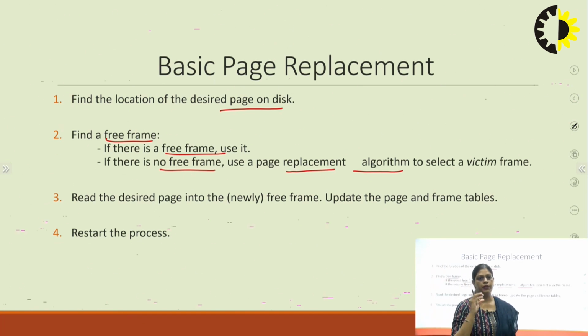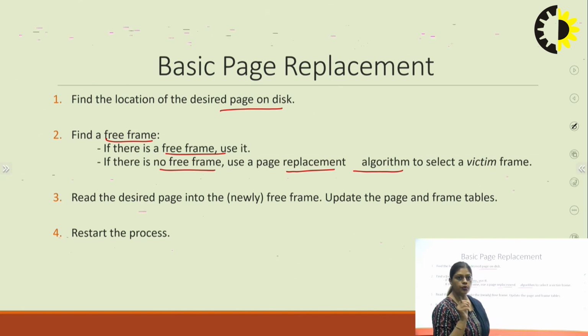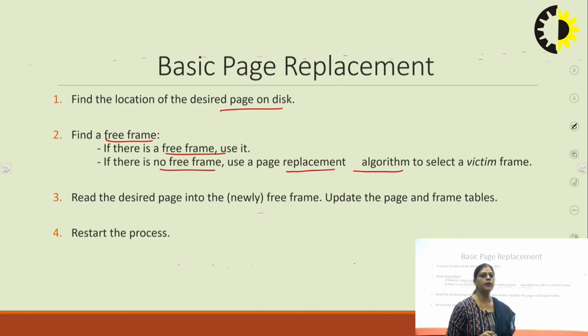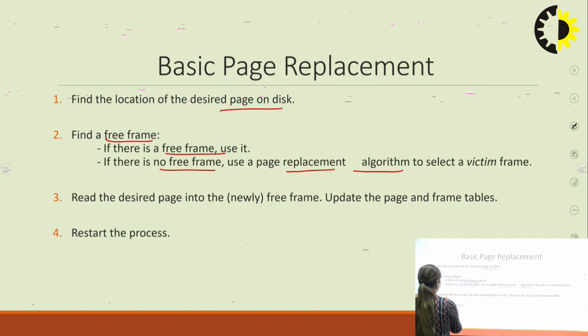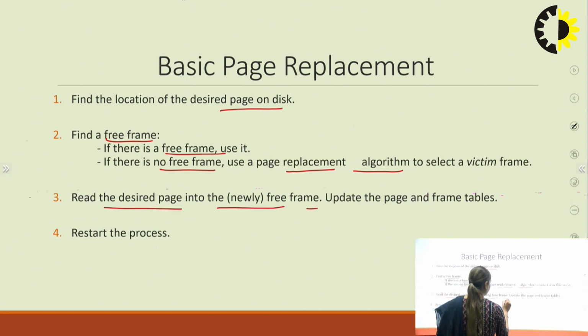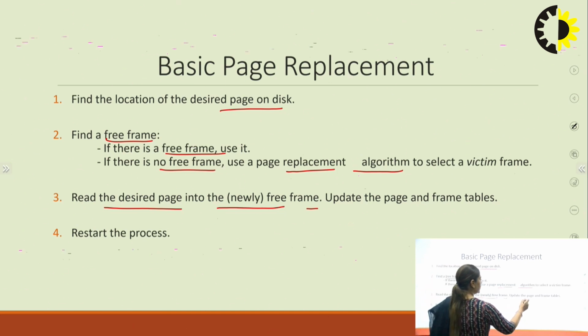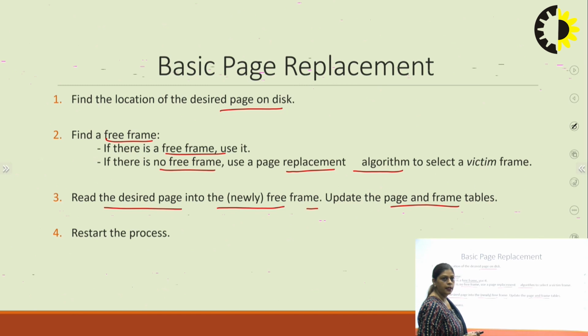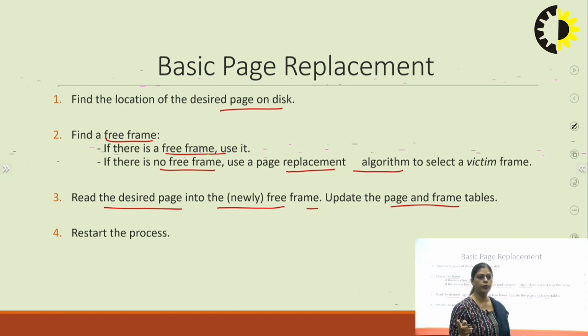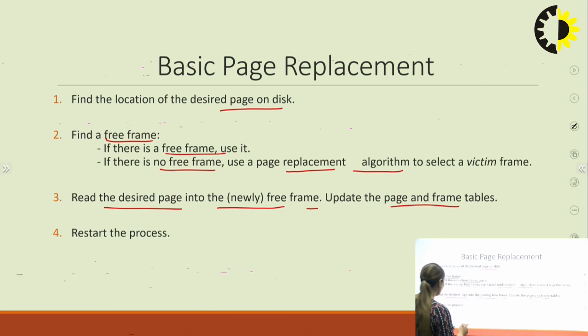Out of those pages, we have to select which page has to be sent back. To choose that victim, we will use different algorithms. Read the desired page into the newly freed frame, and update the page and frame tables. For the page that has been swapped out, you set the bit to I, and for the page brought into the physical memory, you set the bit to V. Then after that, restart the program.